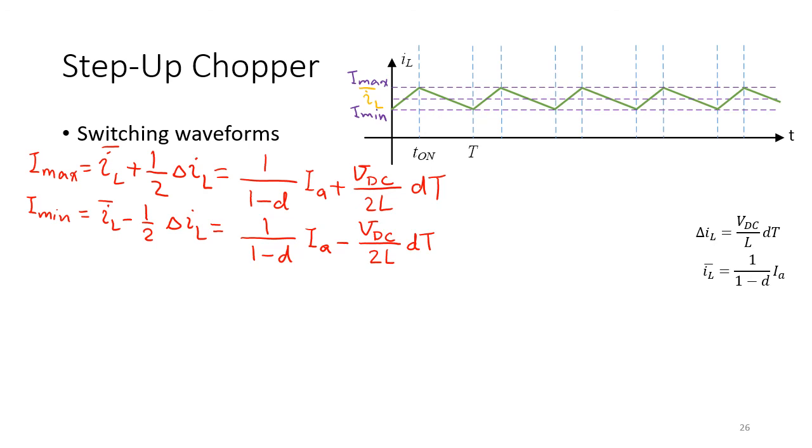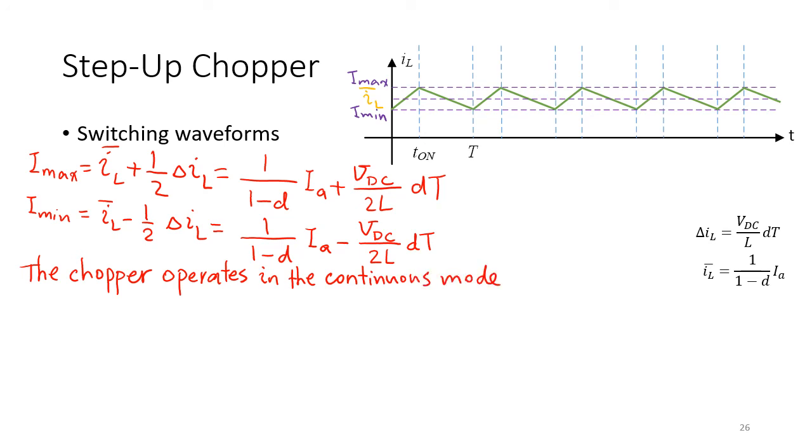So the chopper operates in the continuous mode as long as Imin is greater than 0.